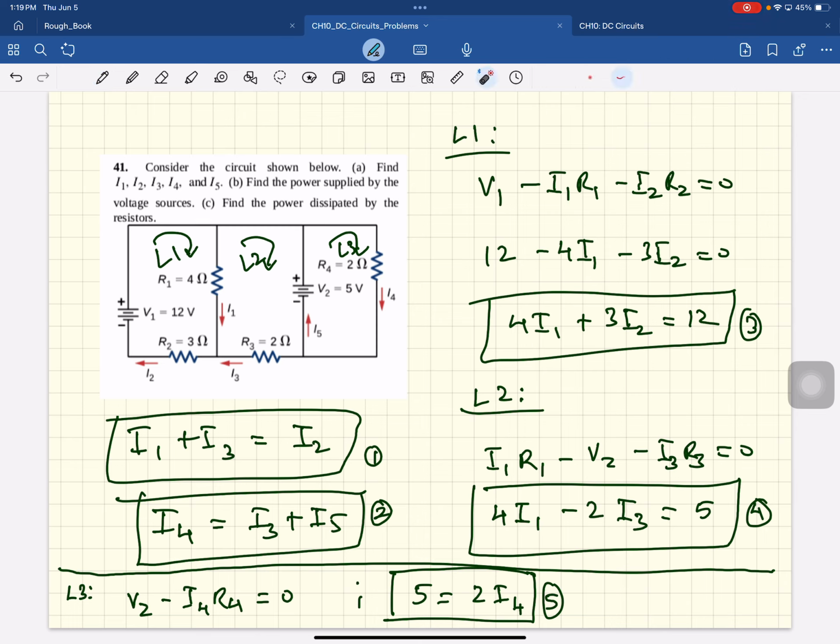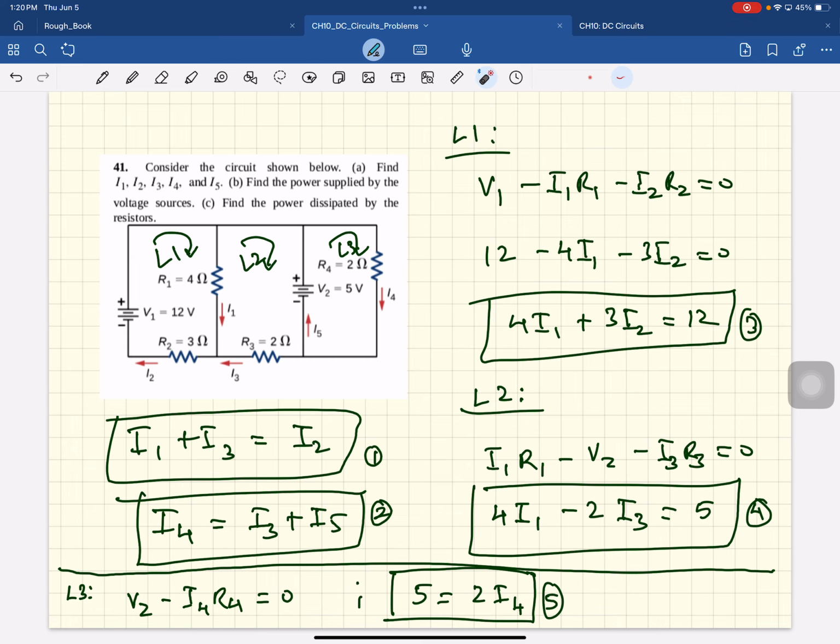So you solve for I4 here. Okay. So 1, 3, and 4 just involve I1, I2, and I3. So you can solve for I1, I2, I3 there. You already have I4 here, and then I3 and I4 will give you I5. So you still have to do 3 equations and 3 unknowns.